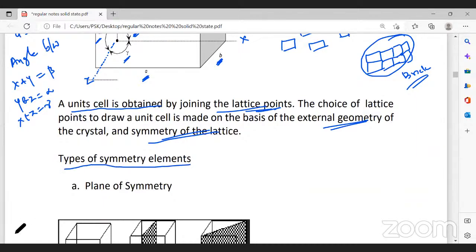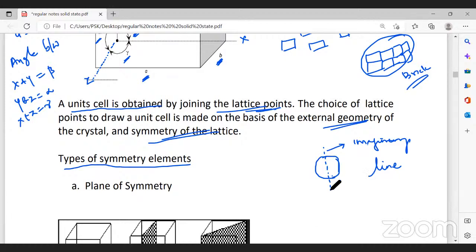Now, types of symmetry. What are types of symmetry? Symmetry means similarity. For example, if I draw a circle like this, and I draw an imaginary line like this, does this imaginary line divide the circle into 2 equal halves? Yes, sir.